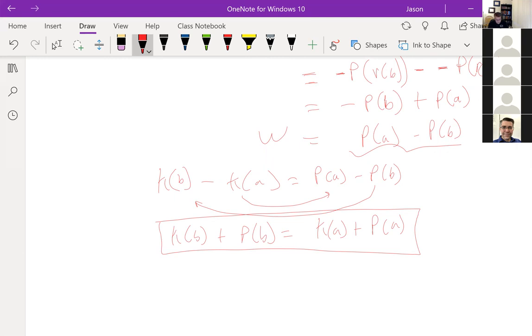What law is this that tells me that the kinetic and potential at one point is the same as kinetic and potential at another? The law of conservation of energy? Yes, exactly. So we have just proven the law of conservation of energy using line integrals.